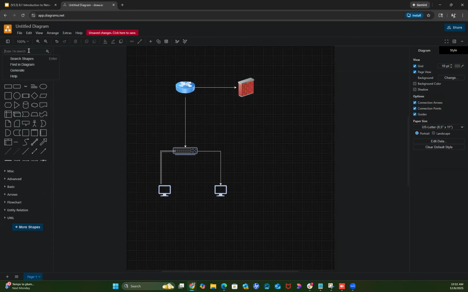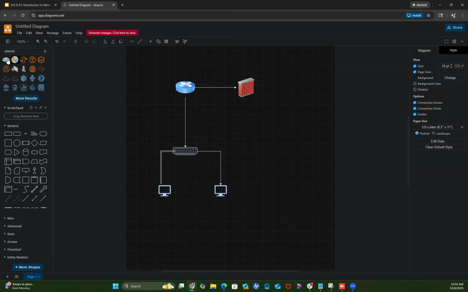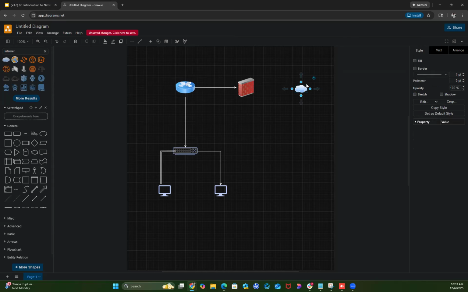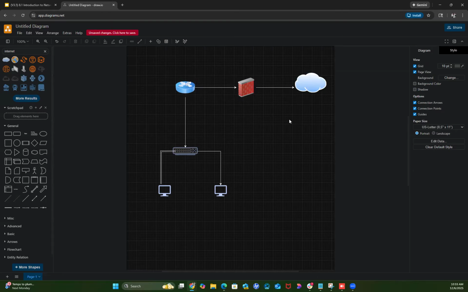Then the internet. If you use this, you can connect to the internet. So this is the basic network we write down in here.